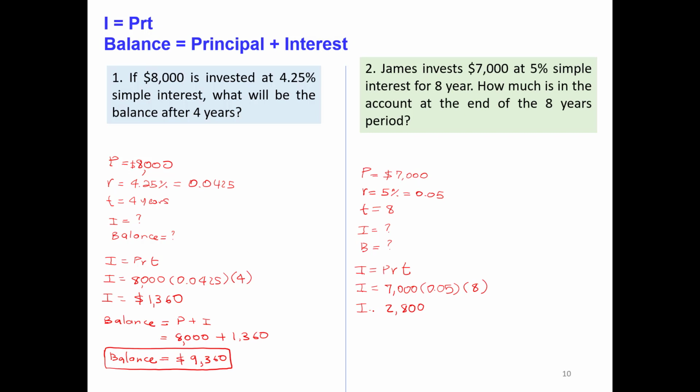Now we can calculate the balance if we apply the second equation. This is principal plus interest, and the balance will be $7,000 plus 2,800, which is 9,800.